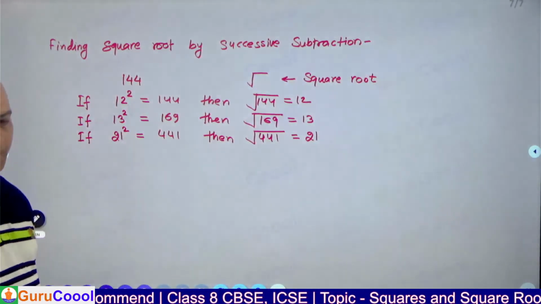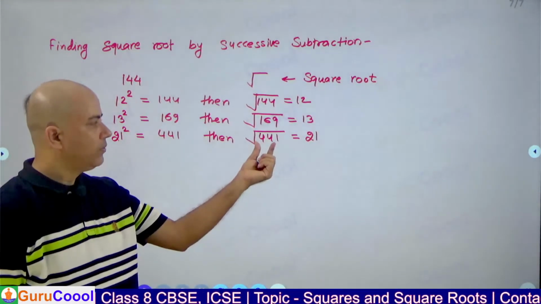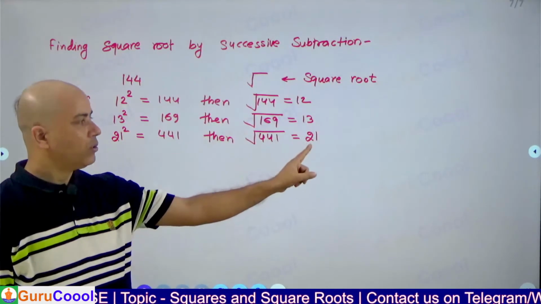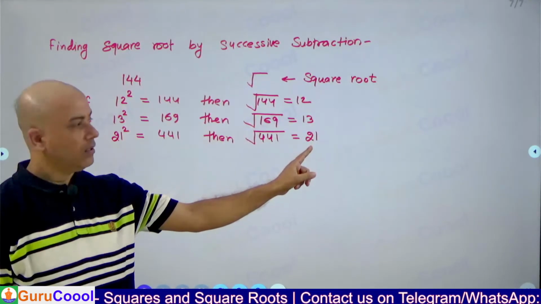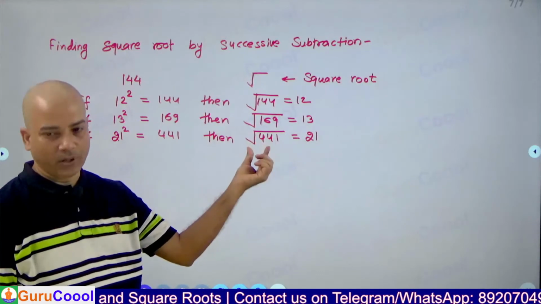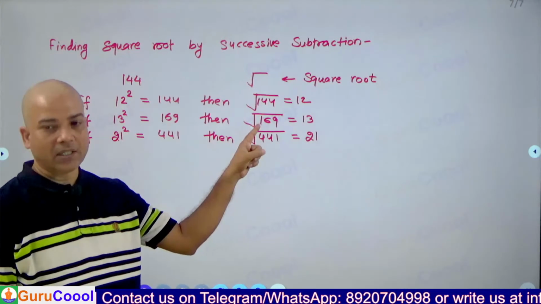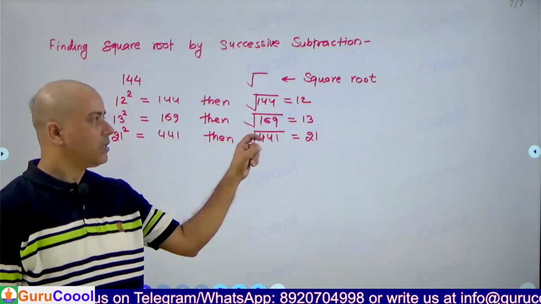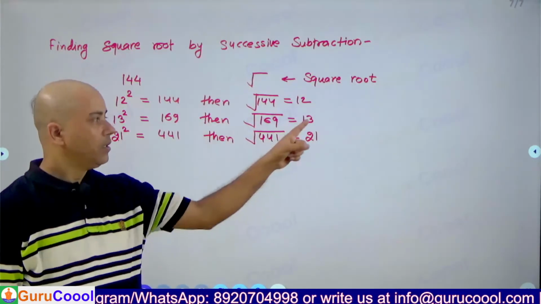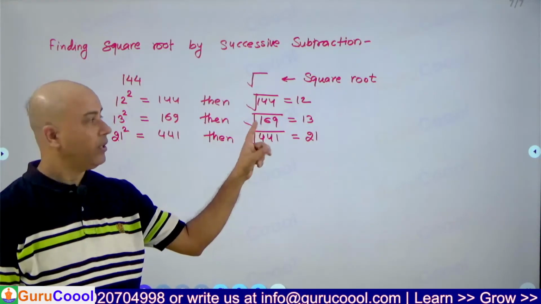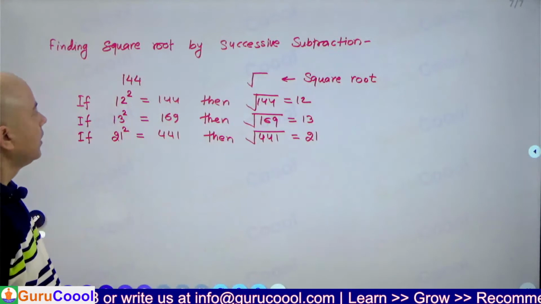Simple. Finding the square root of 441 means we want to find that number whose square is 441. Finding the square root of 169 means finding a number whose square is 169.